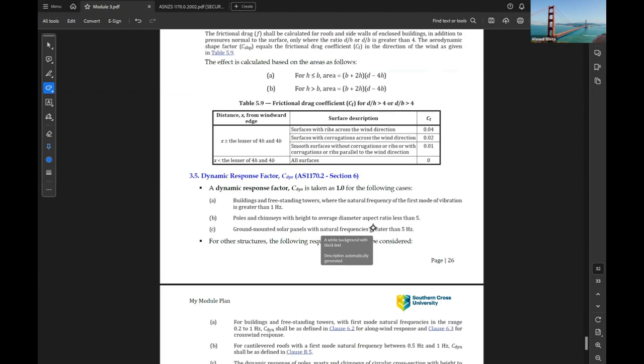And finally, to find the final wind pressure, the dynamic response factor C dynamic shall be taken as 1 as well. So C dynamic in our calculation will be 1.